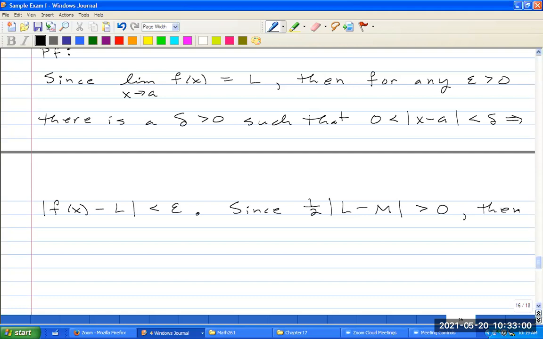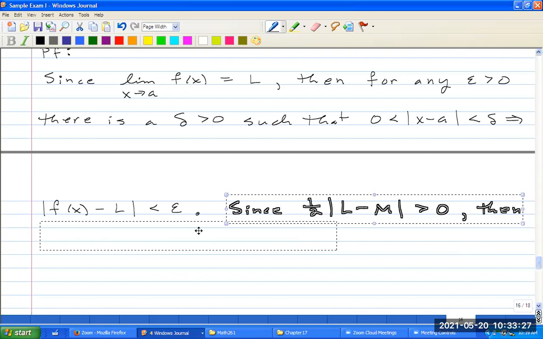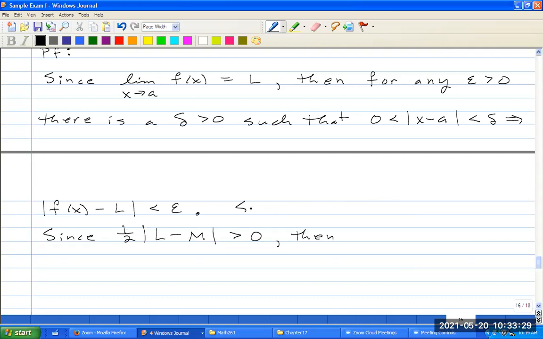So now what I'm going to do is say 1/2 L minus M in absolute value is greater than 0. I'm assuming here L is not equal to M. If L were equal to M, then I'm done. So let's suppose L is not equal to M.